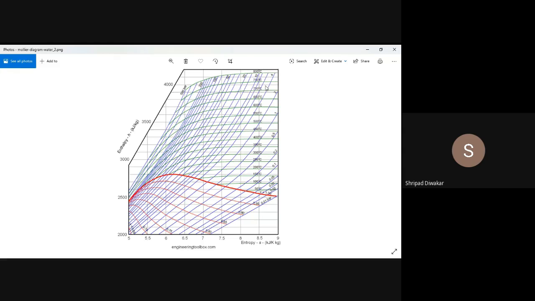So in this zone the temperature and pressure lines come into picture, and in the wet steam the dryness fraction lines and pressure lines come into picture. Here it is the intersection of pressure and dryness fraction. What are the dryness fraction lines? Red lines. Any doubts?